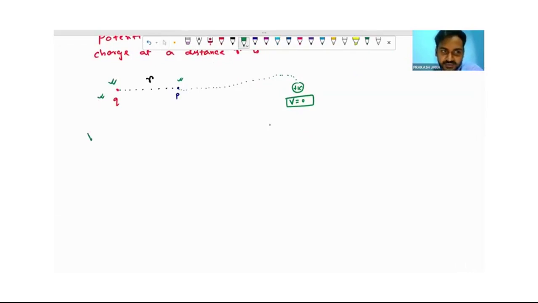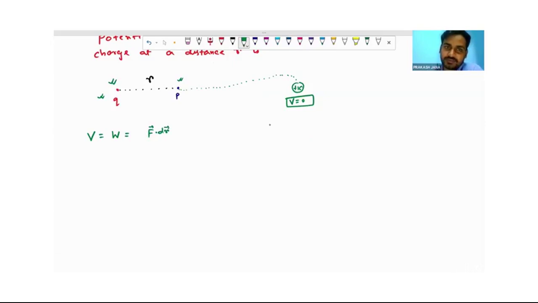So the potential is denoted by V, which is nothing but the work done by the external agency or the external force. So how will we calculate it? See, work done, as you know, is nothing but the force, F dot dr, isn't it?